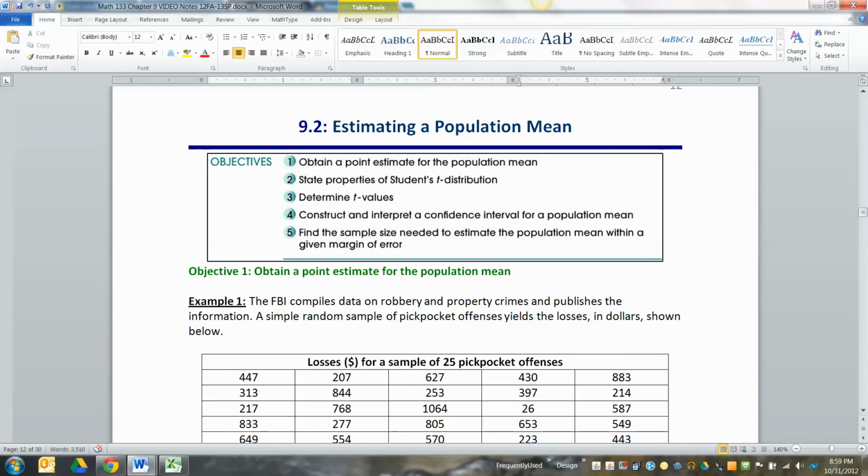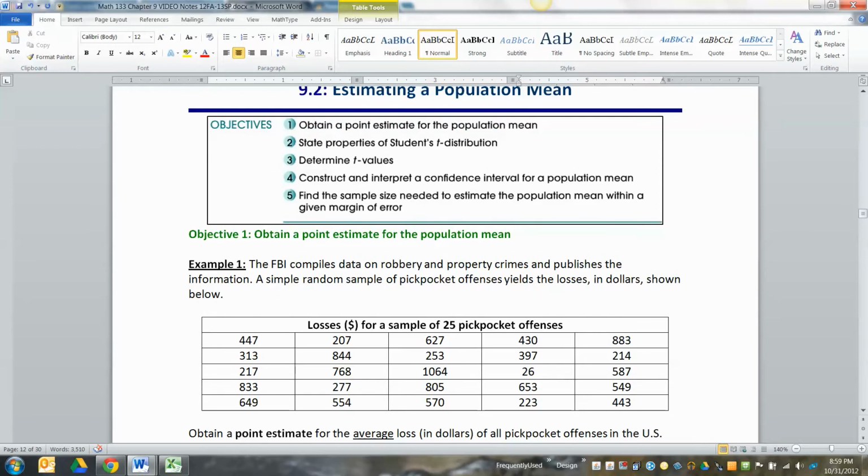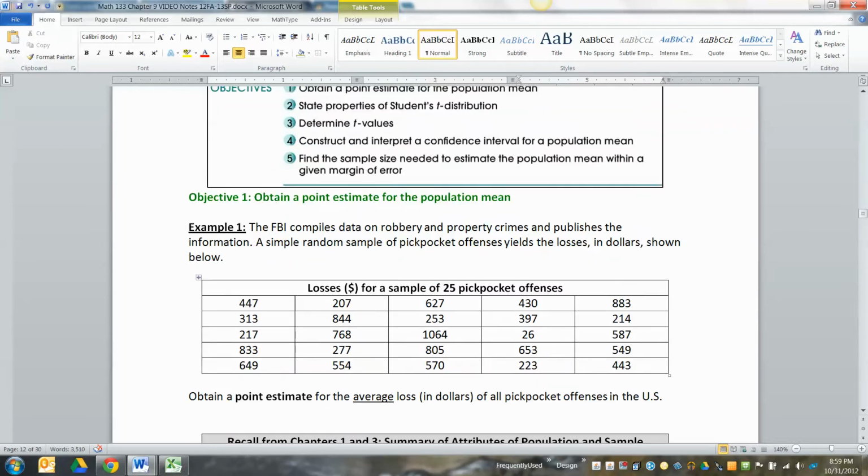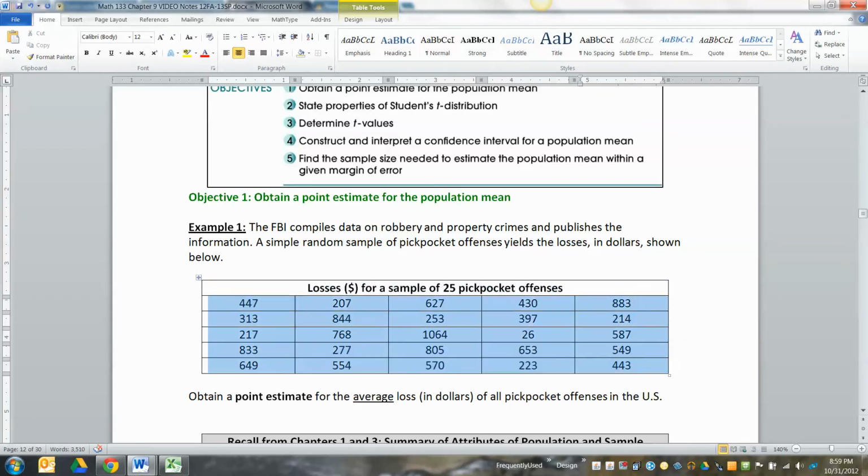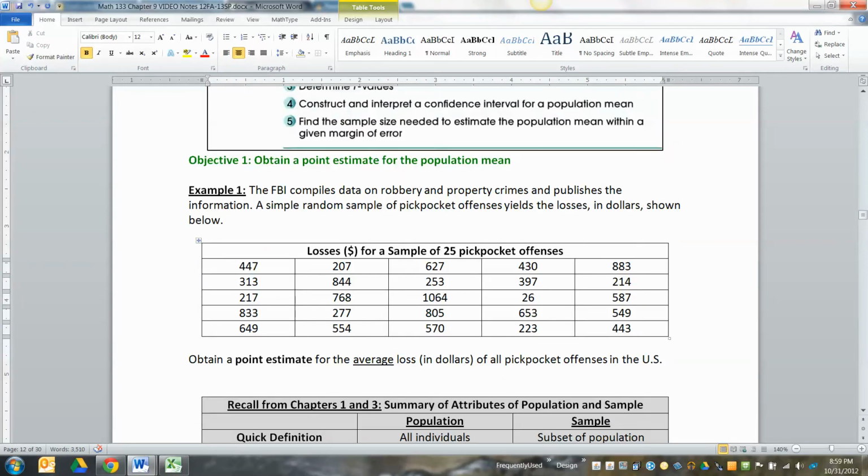Well, we're going to use the same ideas as before, but we're going to have a little bit of a snag. So let's start off with a point estimate. Now remember, a point estimate is your single best guess. So you have here your losses for a random sample of FBI reported pickpocket offenses, from the FBI data warehouse. You randomly get 25 pickpocket offenses.